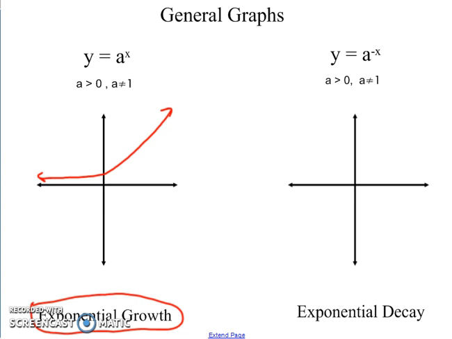Now, we have a couple features of the graphs. In this particular graph, the domain is all real numbers. For all of these exponential functions, you're going to have all real numbers for your domain. The range is going to be y is greater than 0. It's not greater than or equal to, it's just greater than, because y can never be 0.